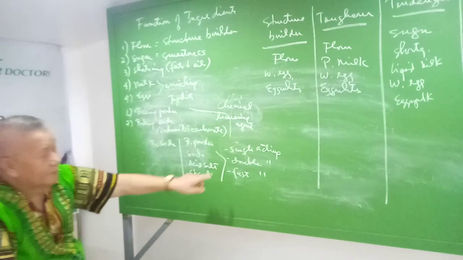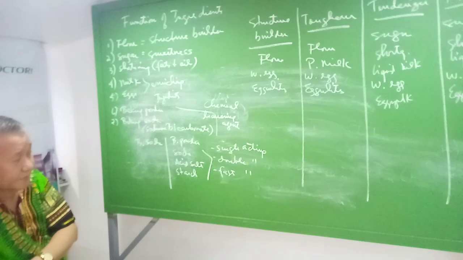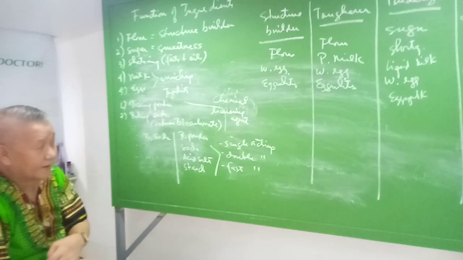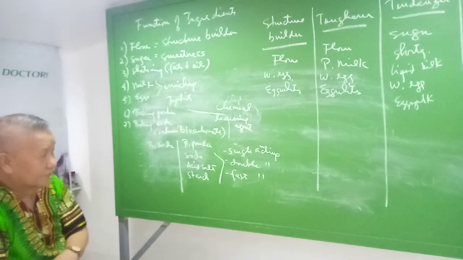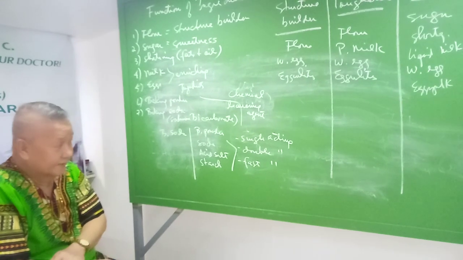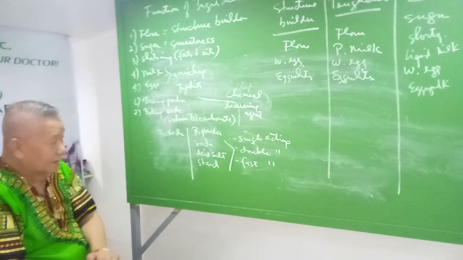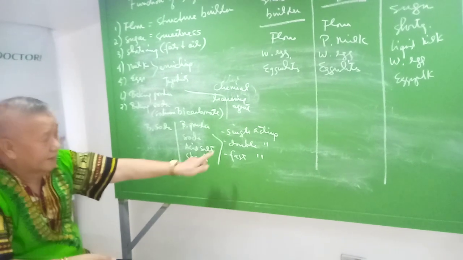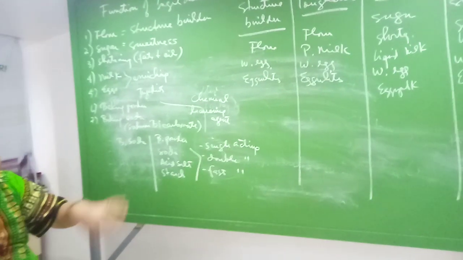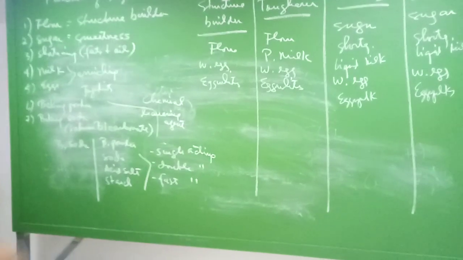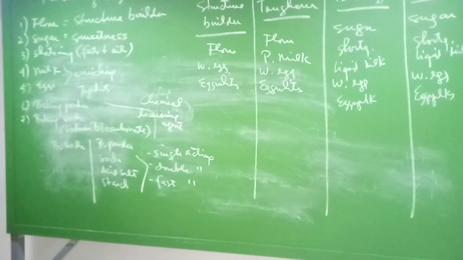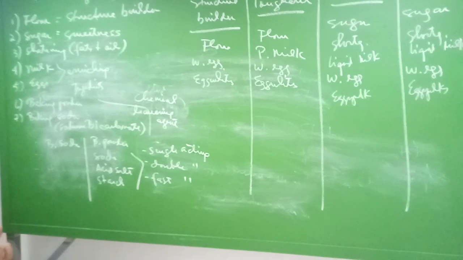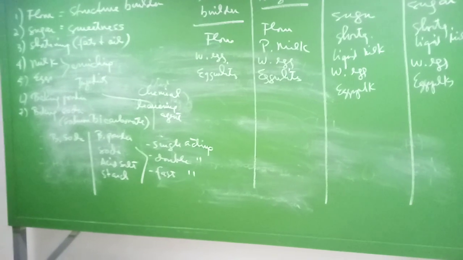Pag sinabi mo naman double acting, meron kang dalawang chemical added sa iyong baking powder. That's why, pag ikaw ay gumawa ng cakes, then ang ginamit mo ay double acting, through mixing all of your ingredients together, nagre-react na siya. Nagkakaroon na siya ng mga bubbles.